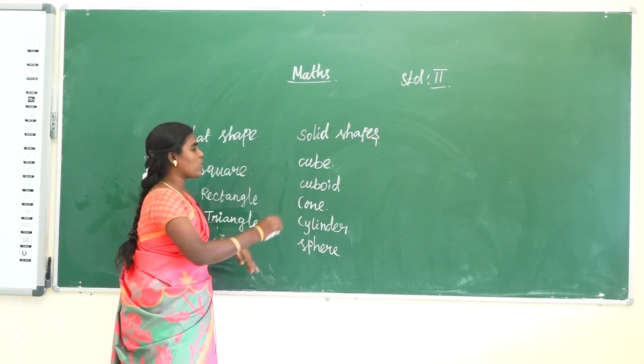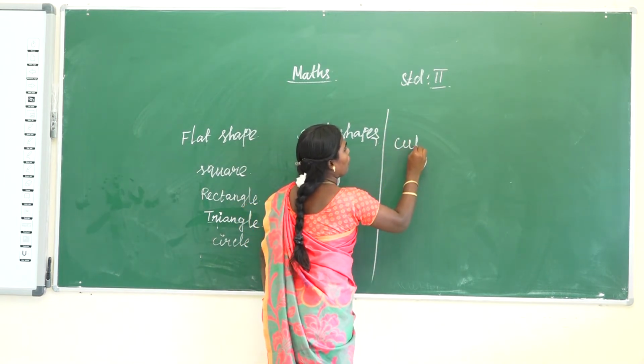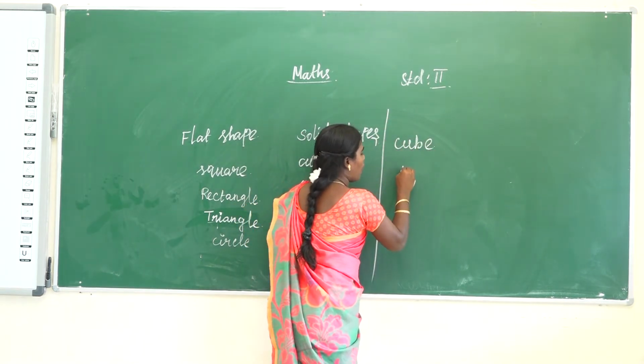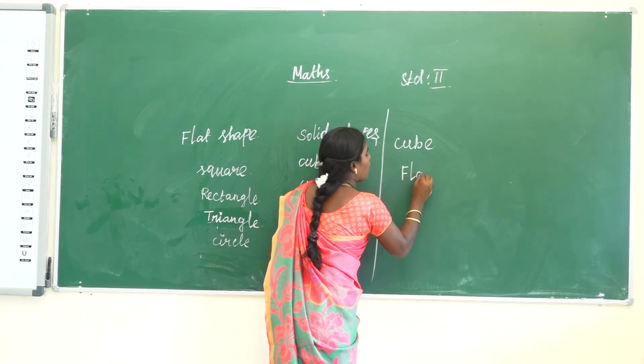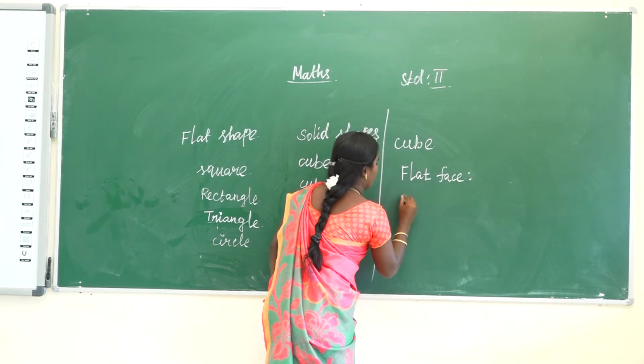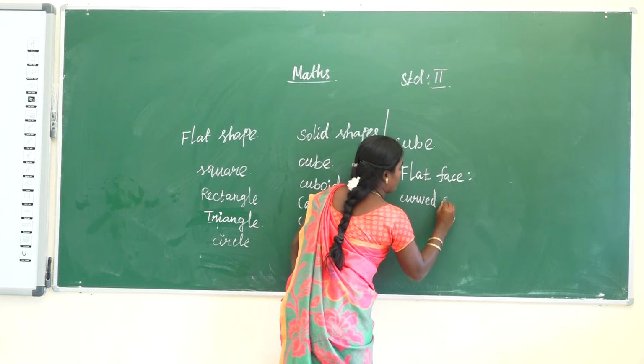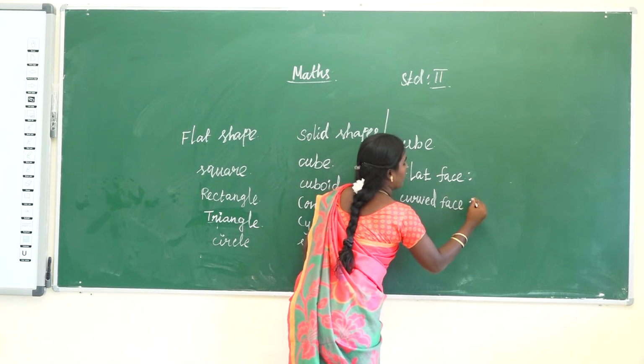Okay. Now the first one is cube. What is this? Cube. Cube has how many flat faces, how many curved faces?